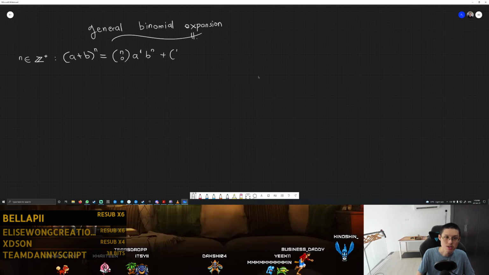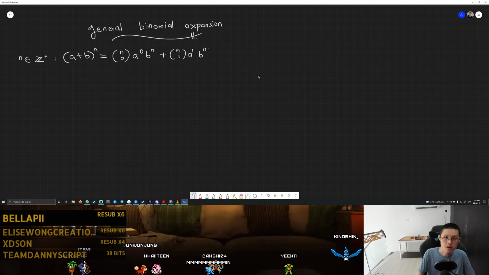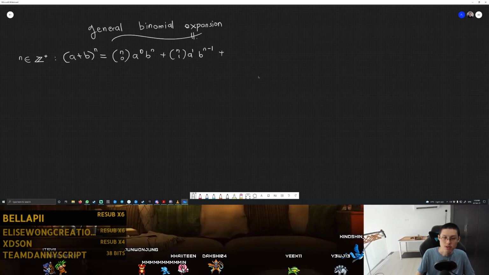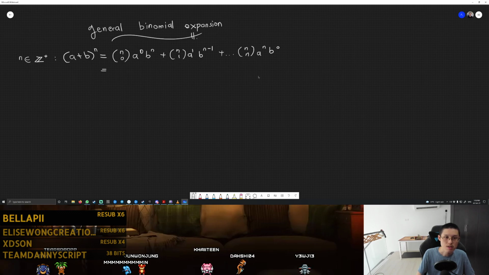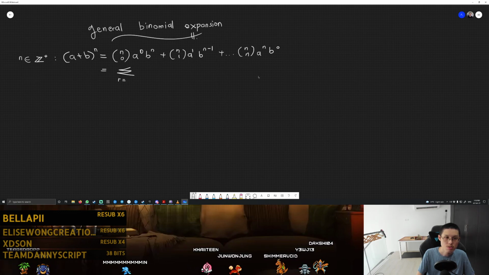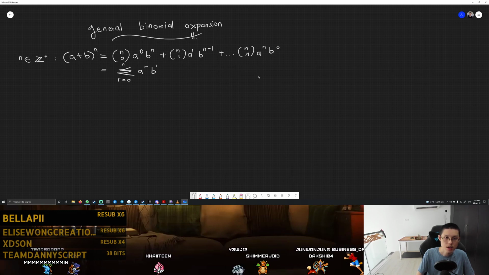Oh, sorry, this is a^0 b^n. And then nC1 a^1 b^(n-1). And this goes on all the way to nCn a^n b^0. Okay, in summation notation, you would write this as the sum from r equals 0 to n of nCr a^r b^(n-r).